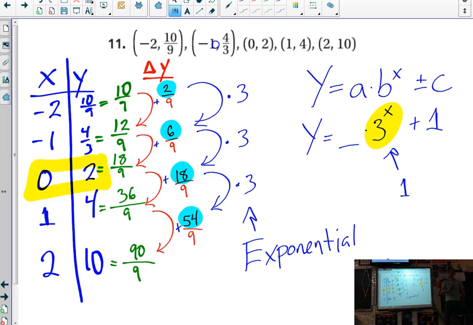Now we still have yet to determine if I need something out here, so let's check one of my other terms. What about if I plug in 1? So x to the first, 3 to the first, going to be 3, plus 1 is 4. Well, that works. What about 3 to the second? What's that? 9. Plus 1. 10. Do we need anything here?